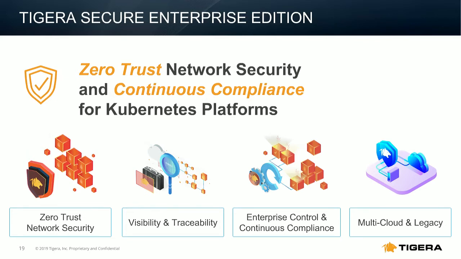There are 4 major value pillars for the solution. The first one is the ability to deploy a full zero trust network security architecture. The second is to get deep visibility, observability, and traceability inside your clusters. The third is around how you actually enforce continuous compliance across your regulated workloads, build evidence reports, audit data, and troubleshoot environments.